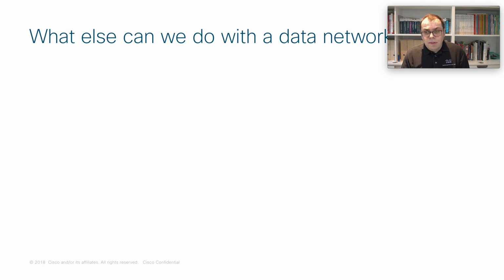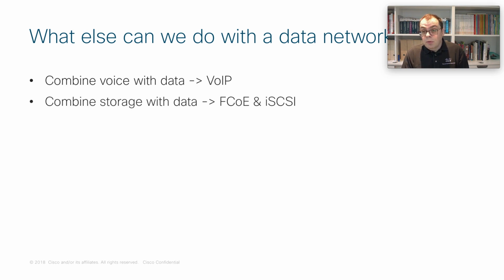Later on we said, okay, can we combine voice with data? And it actually became voice over IP. Then we came out with the idea, can we combine storage with the data network? And we've done it, and we called it FCoE and iSCSI.